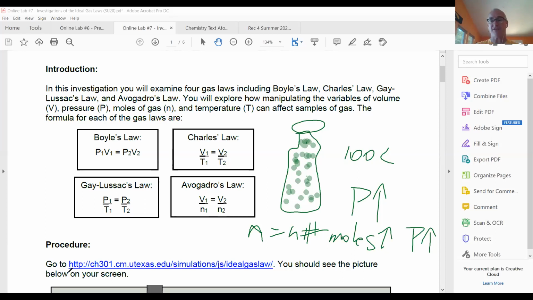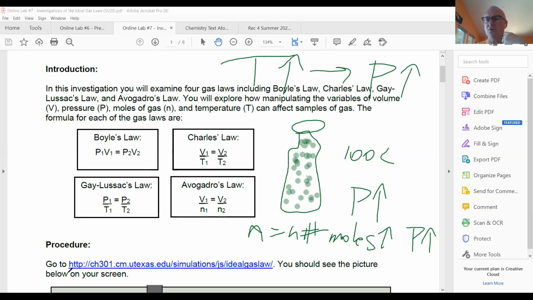And so they're going to move faster. And the faster they move, the more likely they are to come in contact with the sides of the container. So as temperature goes up, pressure has to go up as well. Even though we have exactly the same amount of gas molecules in my container, if they're moving faster, the pressure is also going to go up.